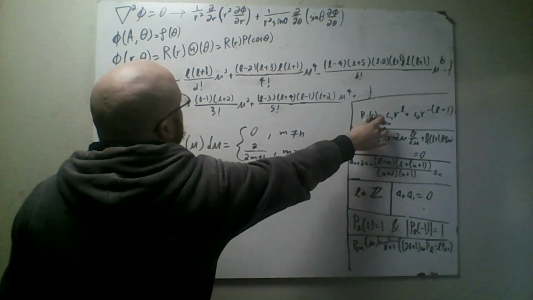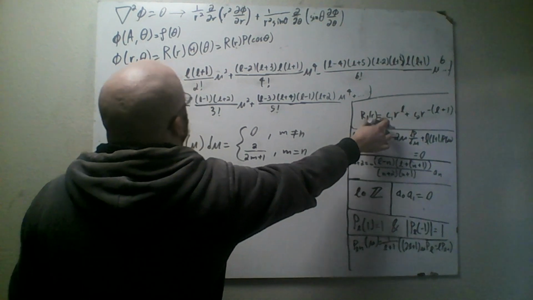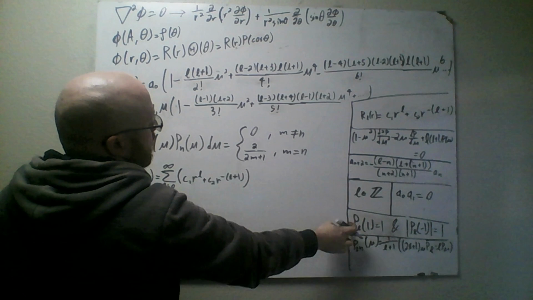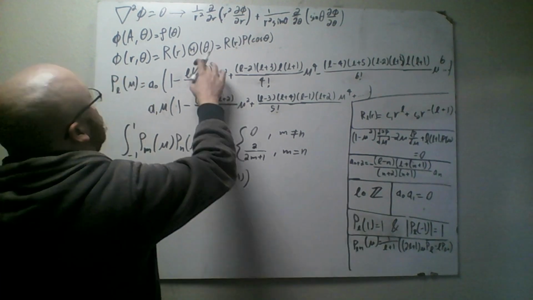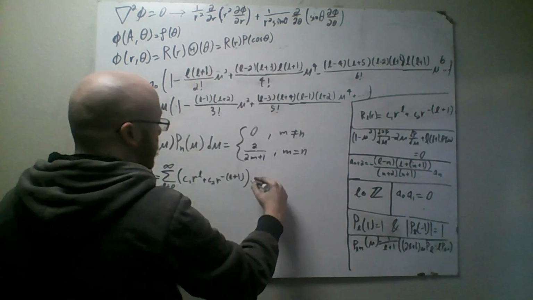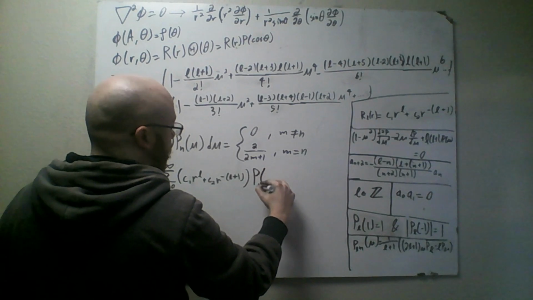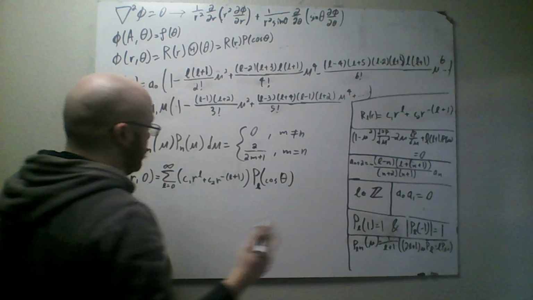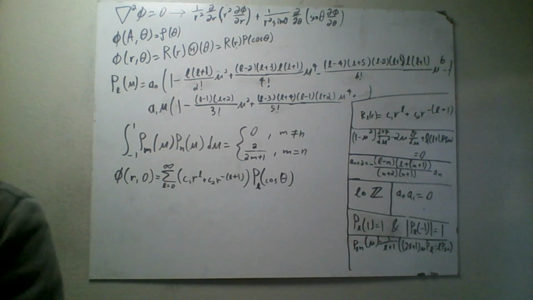That was way back earlier when we got this R thing. We got this P_L from the theta term, so we get P_L of cosine theta. That's just what we get from separation of variables.